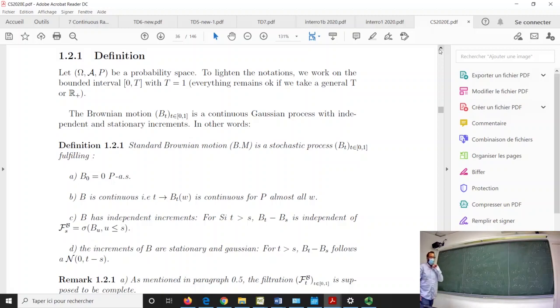I start, as usual, from a probability space on which I will define all my random variables. So this (Omega, F, P) will be fixed in the whole chapter.